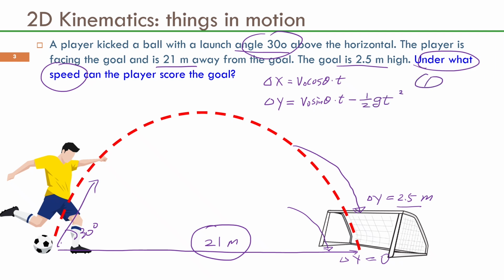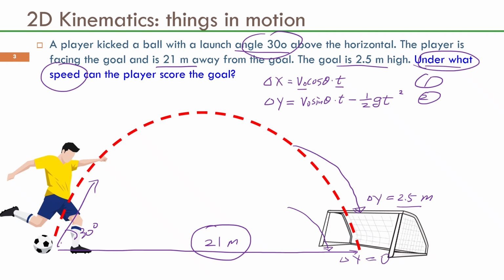If you look at these two equations, you have two equations and two unknowns. The first unknown is the time. The second unknown is the initial velocity. If we get rid of t, we would only have one unknown, which is my initial velocity, and which is what the question asks.